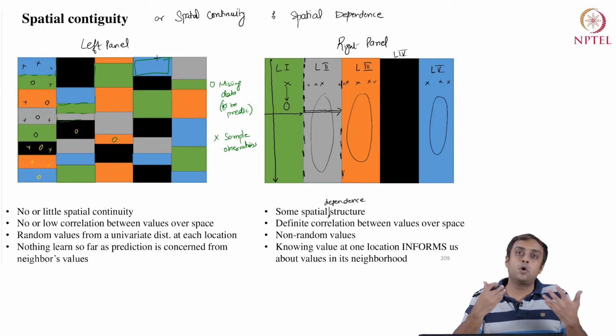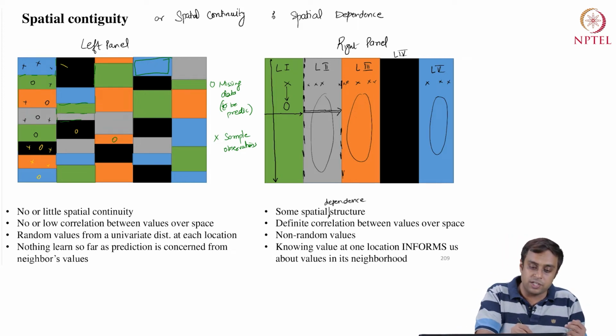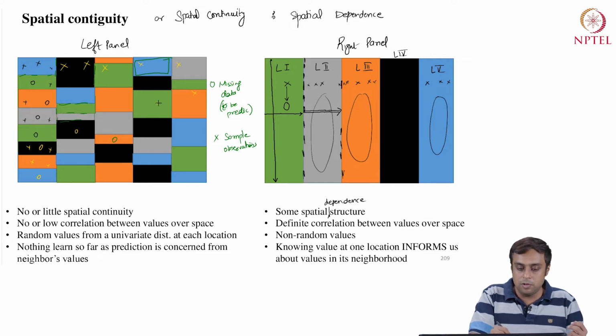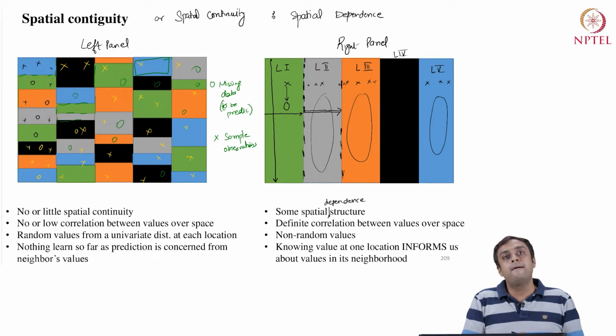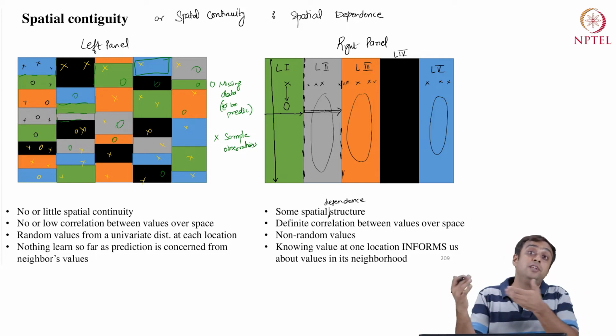If I were to go in and sample locations sparsely, I will probably merely get data in all different regimes. They're going to be very different values. I'm going to be confused when I look at them. I'm not going to be able to find a structure. And honestly, it's going to be very hard to predict what the unknown values are with a sparse sampling exercise. Everything that is non-sampled is actually unknown.